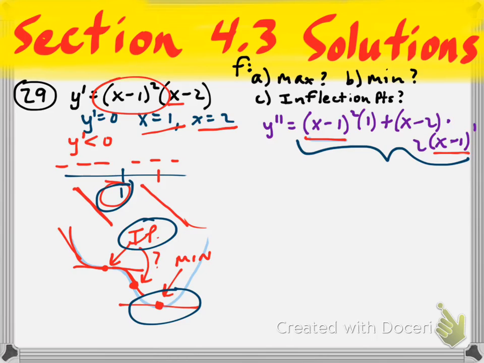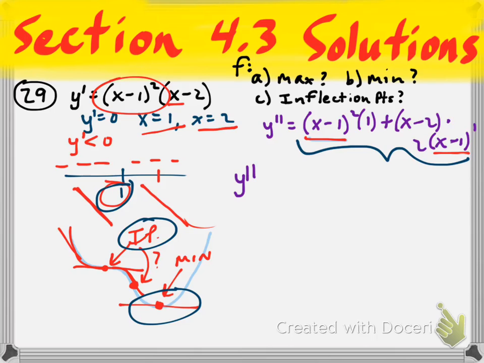Alright, and then the hardest part to understand, I guess, in this whole problem, I have found that students find that factoring this polynomial here for y double prime presents its greatest challenge.